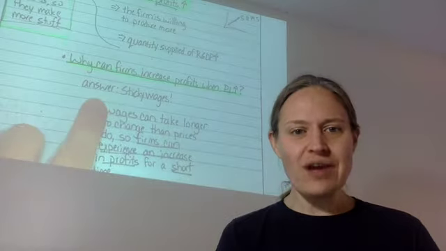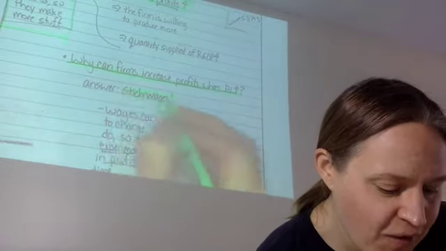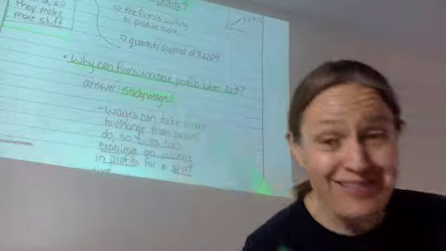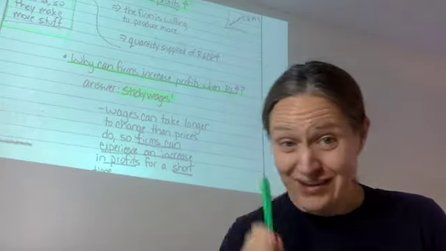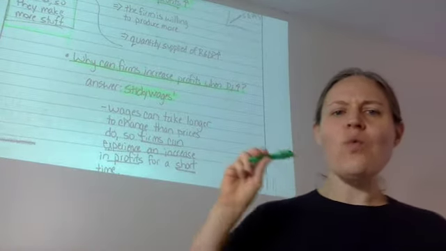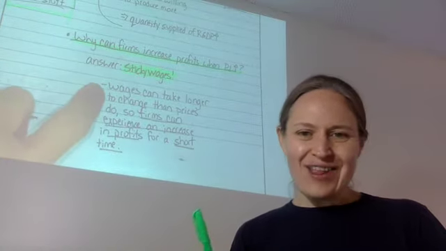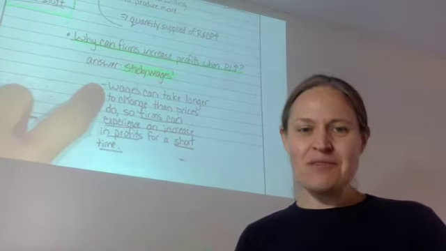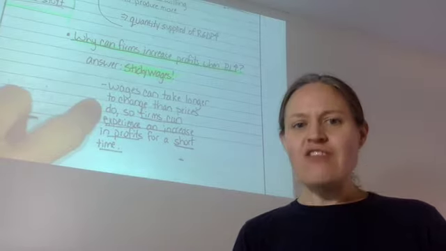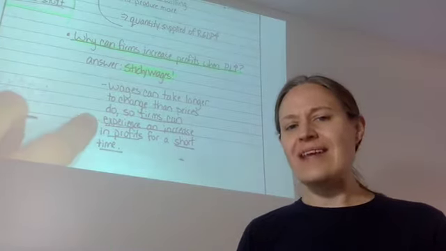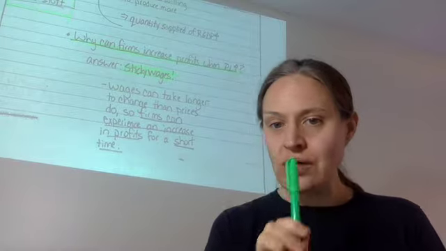Well, the answer is sticky wages. Yes, this is a term you need to know and understand. Sticky wages. So wages can take longer to change than prices do. So firms can experience an increase in profits for a very short time.